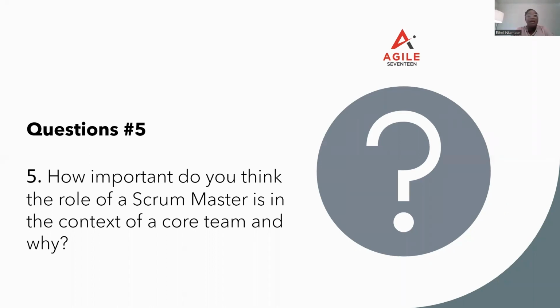Because there are some companies that believe they don't need a Scrum Master because the team already understands Scrum practice. Maybe they're self-organized and all that, but a team without a Scrum Master cannot focus on a big goal. They cannot focus, and focus is one of the Scrum values, right?